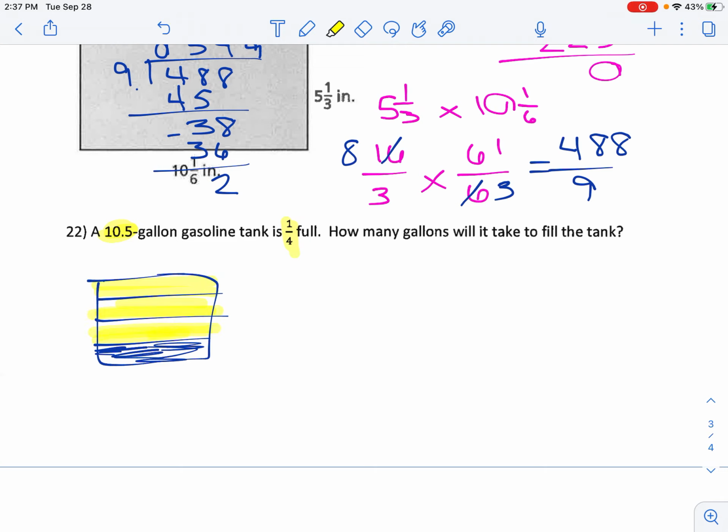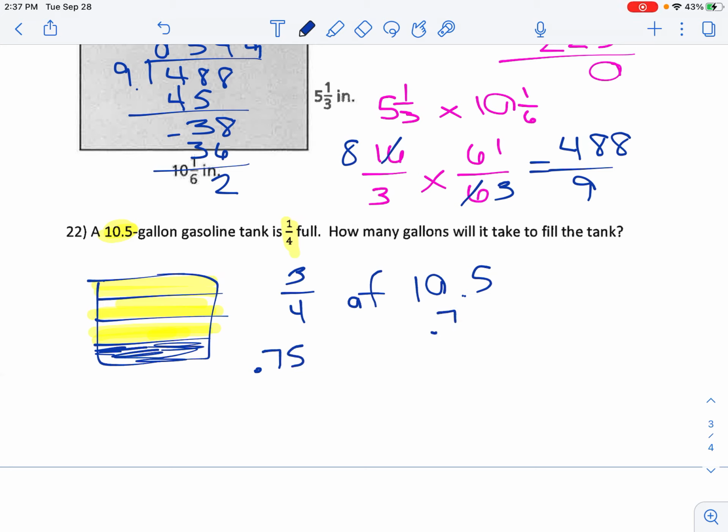How many gallons will it take to fill the tank? So you can find 3/4 of 10.5. 3/4 of 10.5. I think most of us have agreed we prefer decimals over fractions. We know that 3/4 is equal to 0.75.